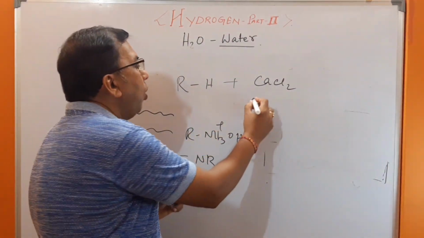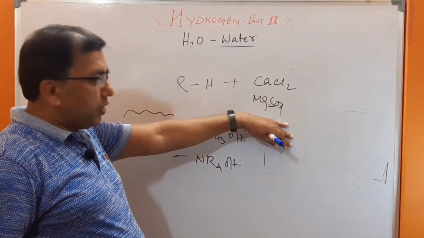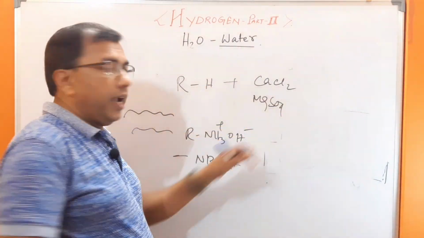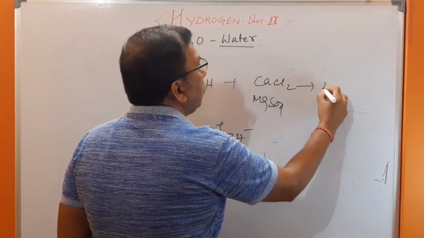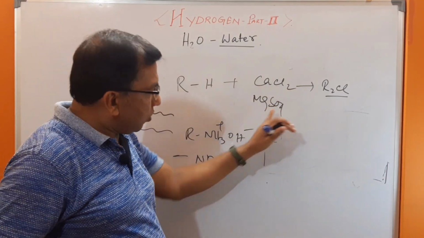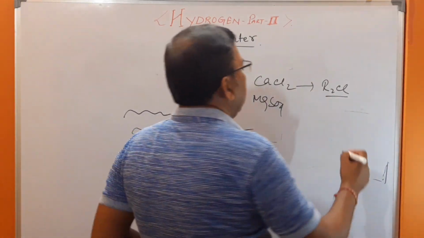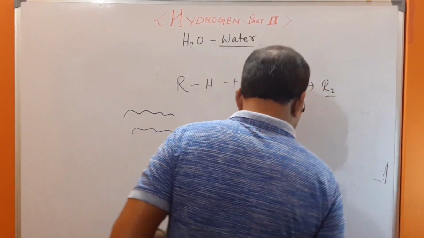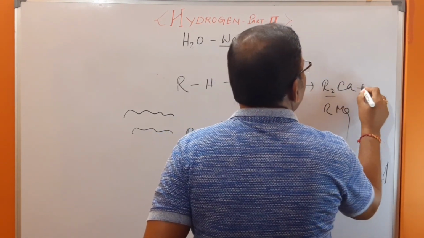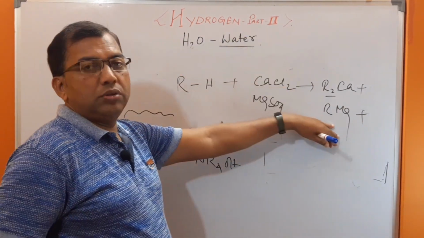It could also be calcium chloride and magnesium sulfate. This is the hard water, permanent hard water. The cation exchange resin will react with this, and the reaction gives R2Ca and R2Mg, whatever calcium and magnesium, iron there is, you have to remove.